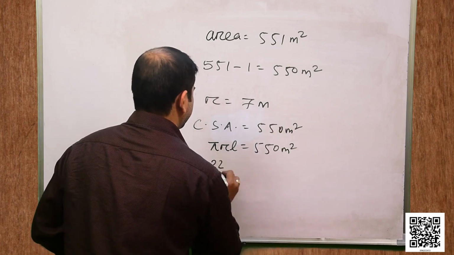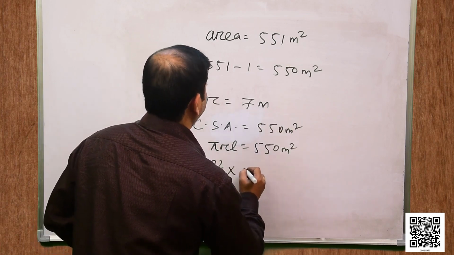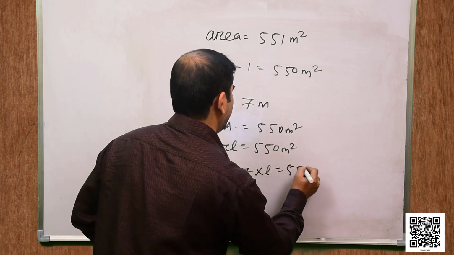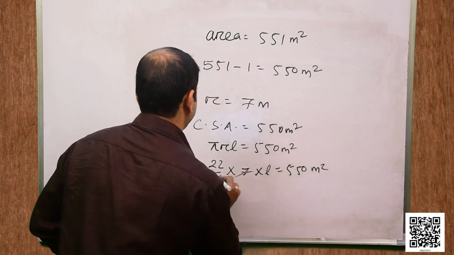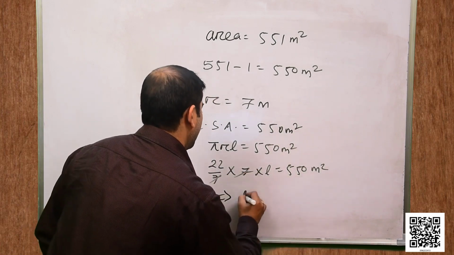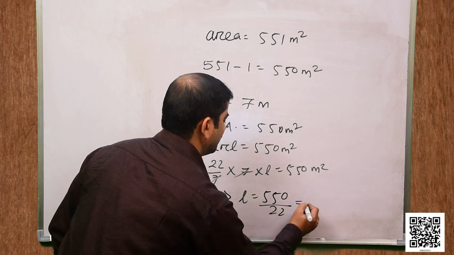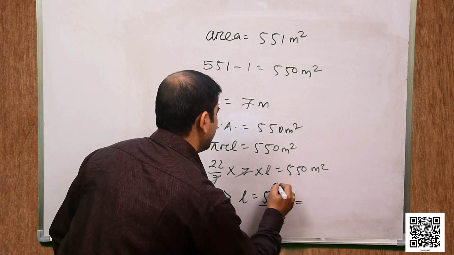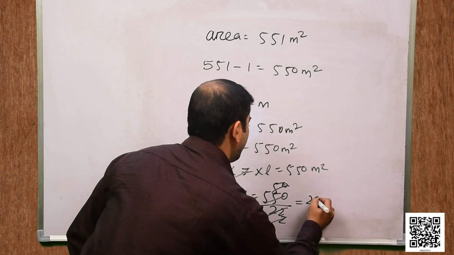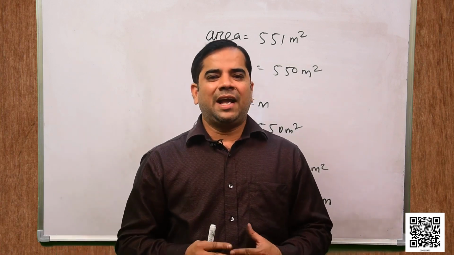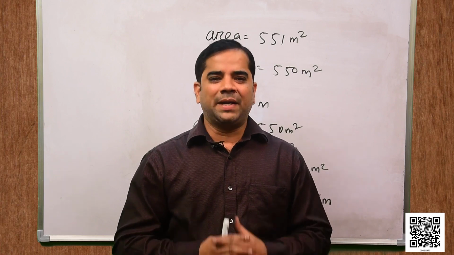So, 22/7 into 7 into L is equal to 550 meter square. So, students, that implies L is equal to 550 divided by 22, that is 25 meter. Okay. So, students, L is found to be 25 meter.